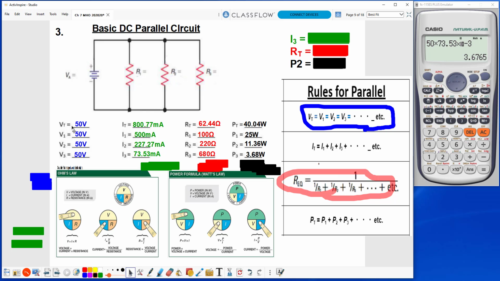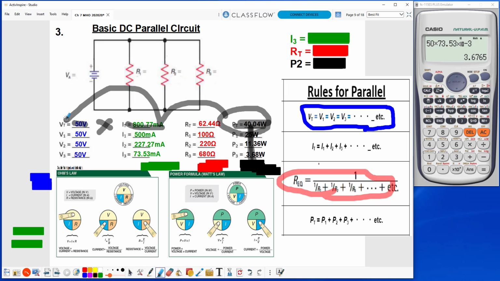Then say IT times VT, run that through your calculator, and that should give you the same number as well. Whether you add them up or whether you multiply these two, you should get the same number. If you do, that's a very good way to check your work.